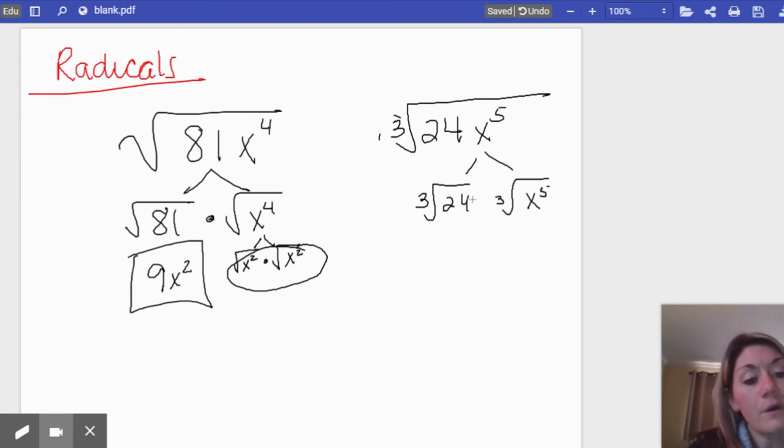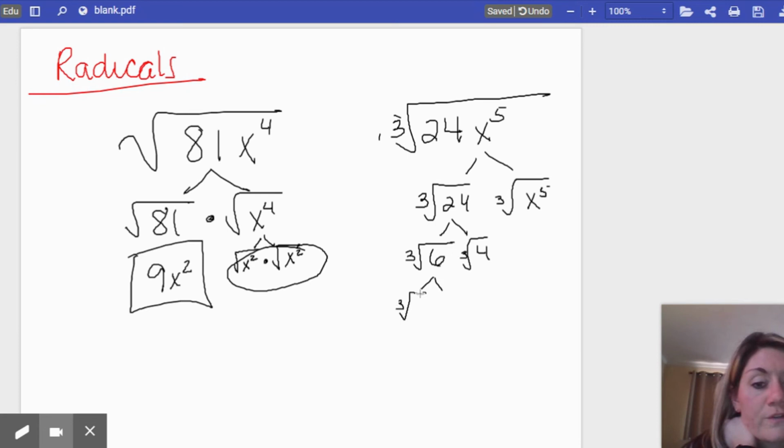So let's start with our number. 24 is the same as the cube root of 6 times the cube root of 4. Let's keep breaking it down. The cube root of 6 is the same as the cube root of 3 times the cube root of 2. These are both prime numbers, so I'm done. Let's break this down. The cube root of 2 times the cube root of 2.